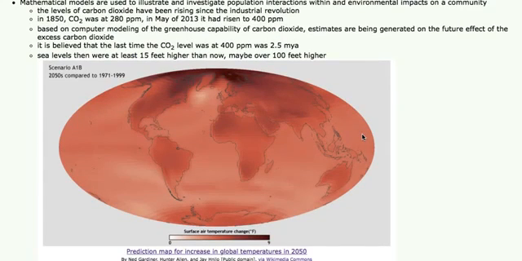And that's based on the idea that carbon dioxide levels are going to be far in excess of 400 parts per million at that time because of all the combustion of fossil fuels. There are a lot of people that don't necessarily agree with the prediction of the model, but there are other models that actually predict that the sea levels will be much higher than 15 feet. The models are predicting at least 15 feet.